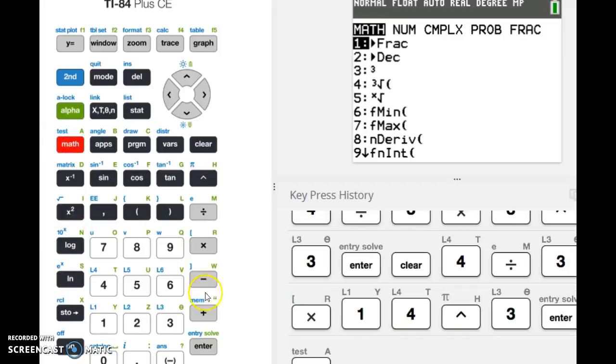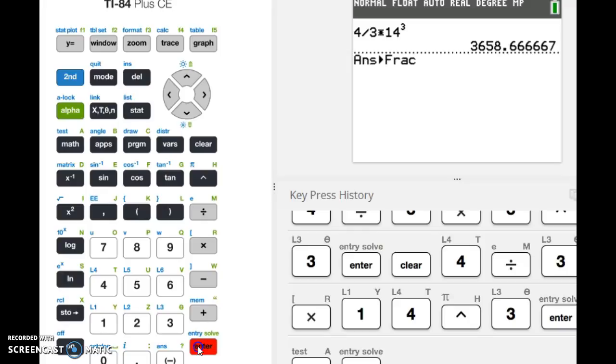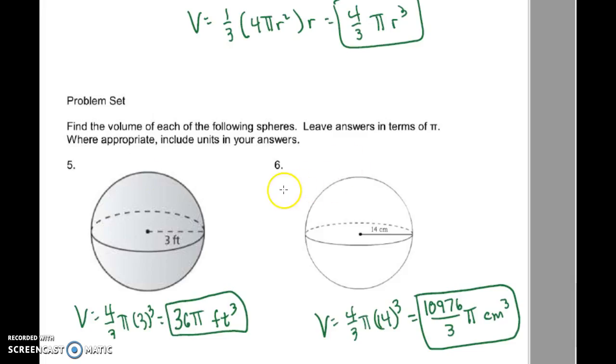So I'm going to go to Math Fraction, and I'm going to hit Enter, and it will convert it for me. It'll take that decimal that we have right here and then convert it into a reduced fraction. 10,976 thirds pi. So that would be our volume of this sphere here.